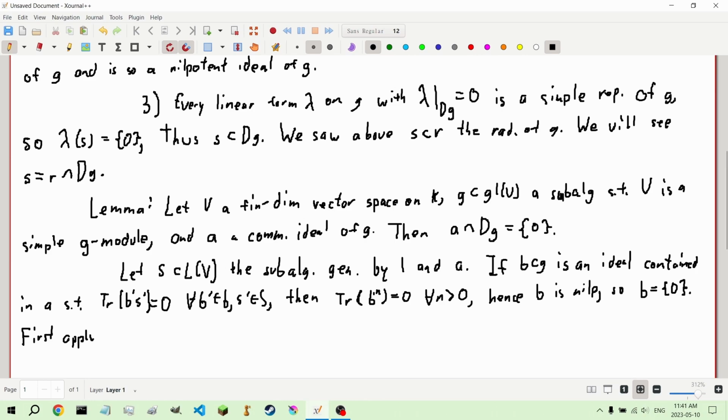We first apply this to the bracket of G and A in G, which is an ideal.